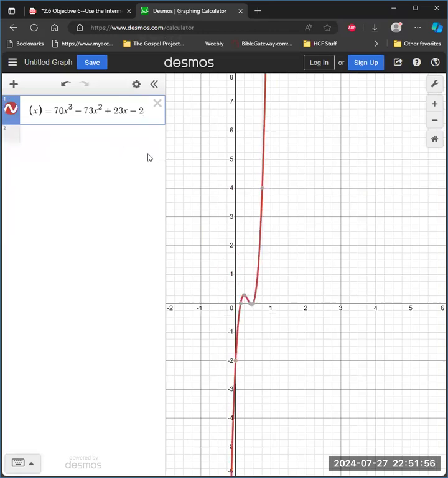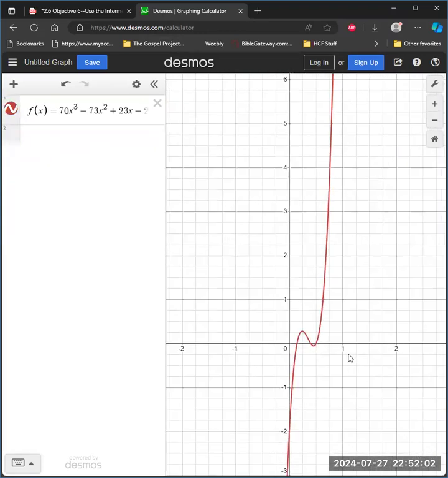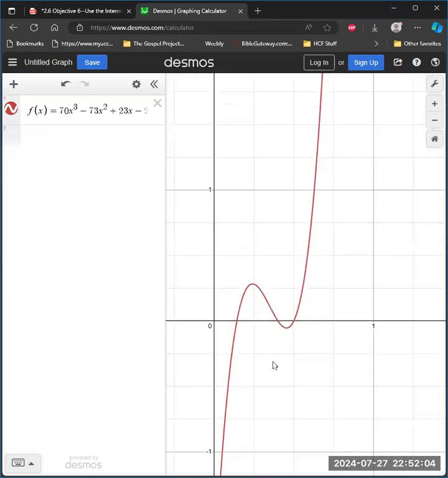And I'm interested in x-intercepts here. And since it's cubic, there should be 3 of them.